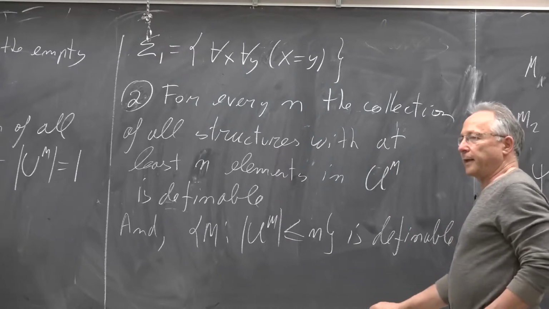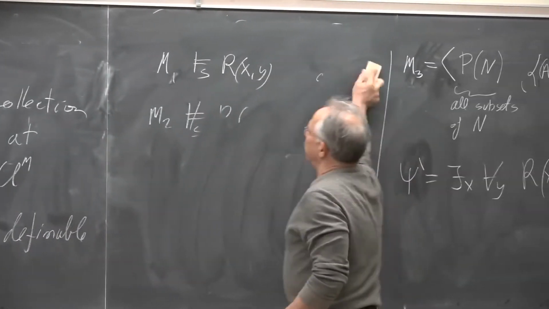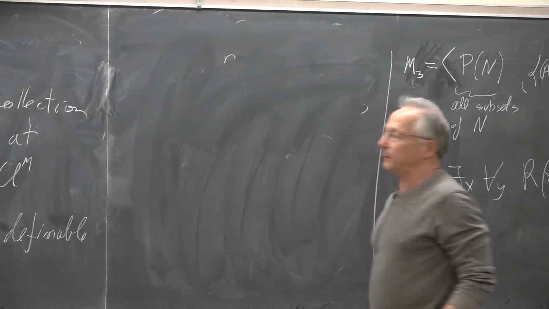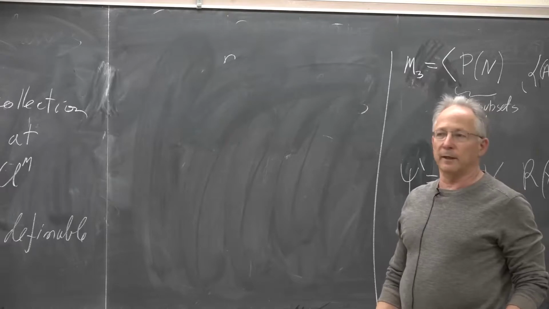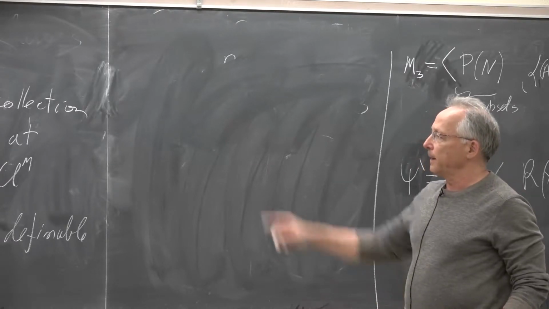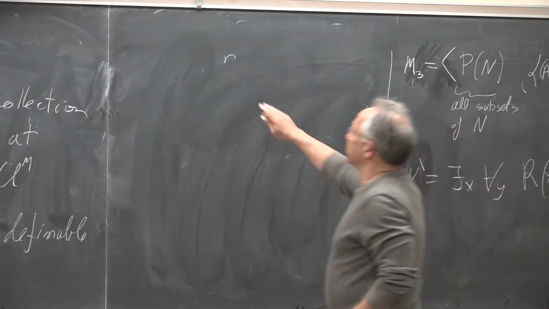So I can both define the collection of all structures in which I have at least n elements, and I can define those that have at most n. So how will I write a definition for all structures that have at least n elements?